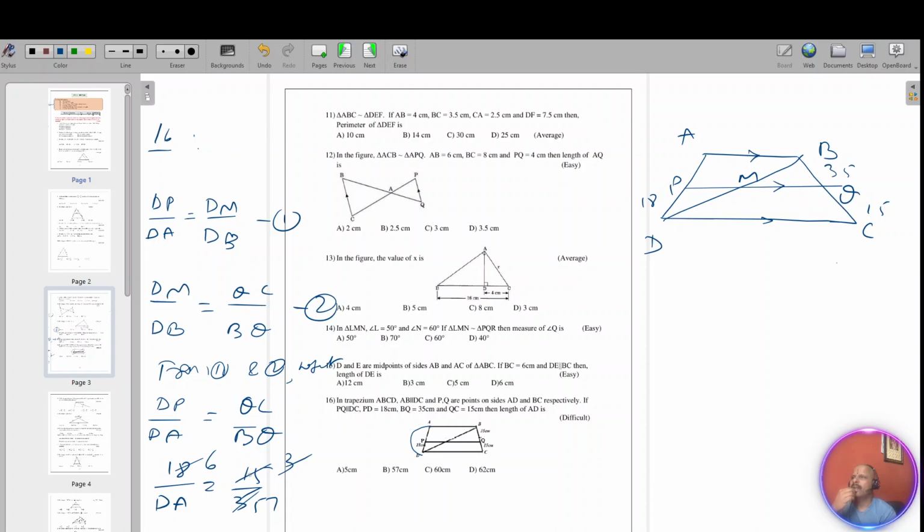Okay, DM by DB is QC by not BQ. My mistake. I did not take the full word here. Just check out here. See, I took DM by DB, then QC by BC should come, right? BC should come. That's the reason I did not get the value matching the MCQ. Let's check out. QC by BC. Now substitute the values.